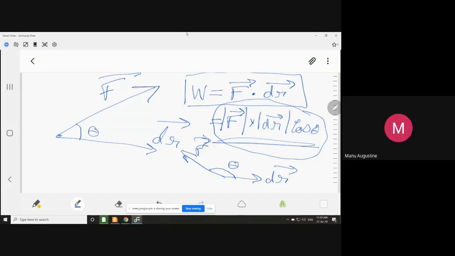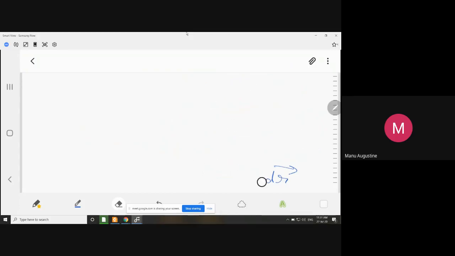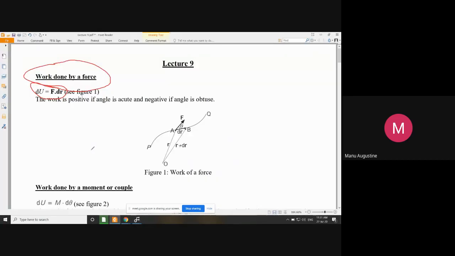So this concept of force and displacement and work done, I think, was already clear to you. But we have taken some time and brushed up our previous knowledge of work, force, and displacement. And now, from the point of view of mechanics, to learn something new.